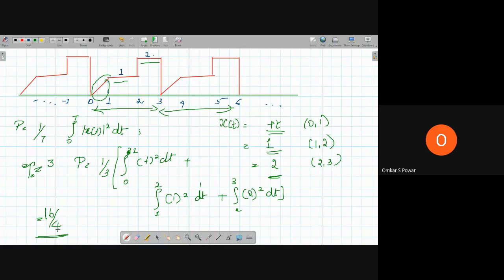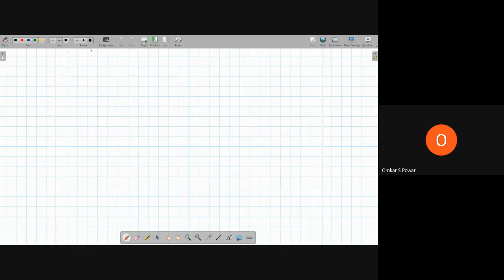I'll do one problem; it's the same as energy, just using the power calculation here. So there is no magic happening here. Let me take this problem.